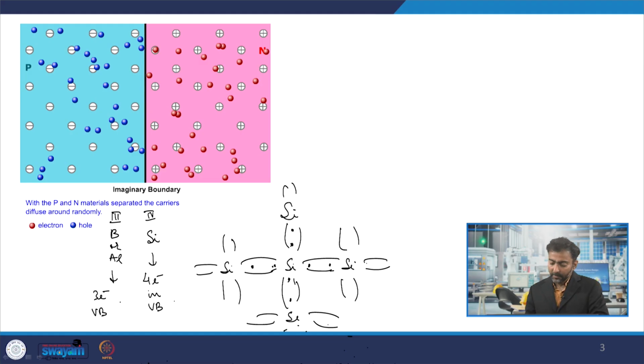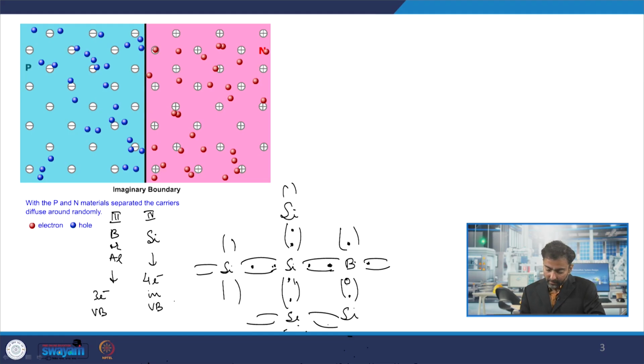Now, as you can appreciate, if a boron atom comes and sits here instead of silicon, it has only 3 electrons in the valence band. Let us say one electron will be bound here in one bond, another here, a third one here. Now, the interesting thing happens: there is this vacancy, there is no electron there.